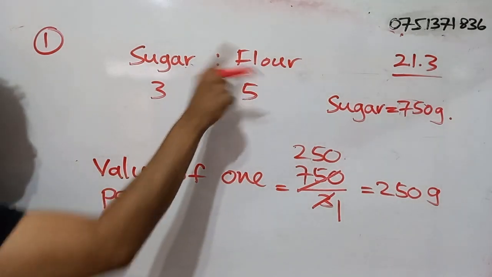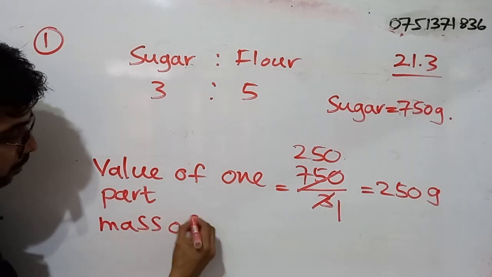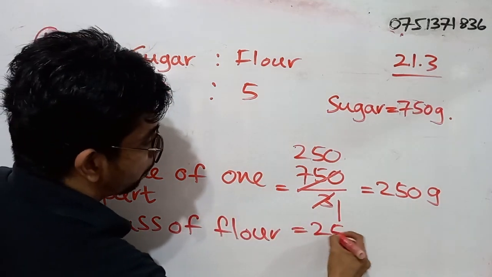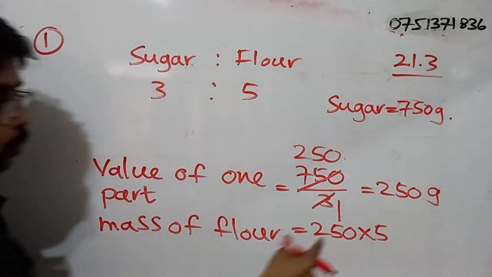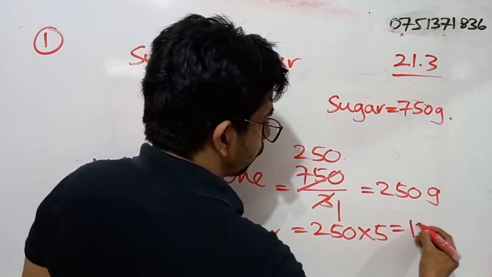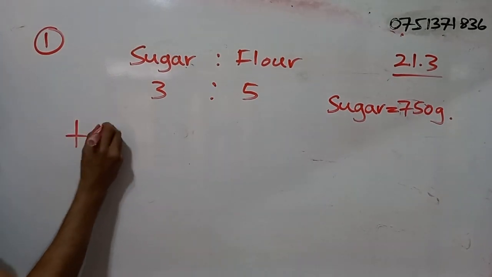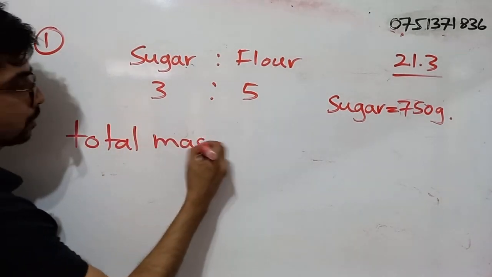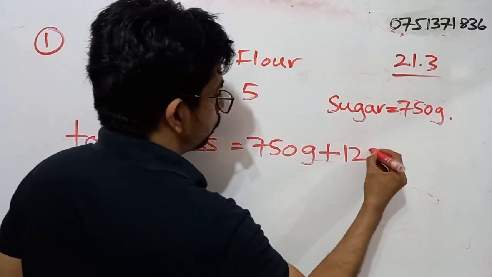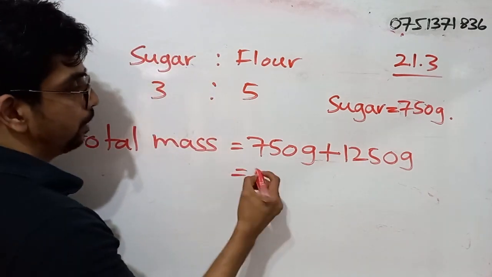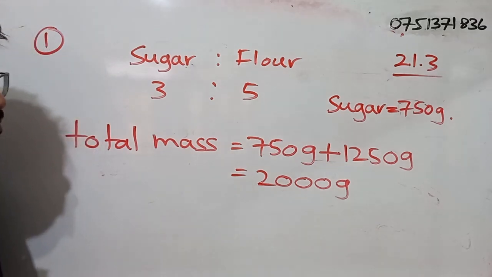From that we can calculate the mass of flour: value of 1 part into the number of parts, 250 into 5, that is 1250 grams. So the total mass is 750 grams plus 1250 grams, which is 2000 grams, or we can say 2 kilograms.